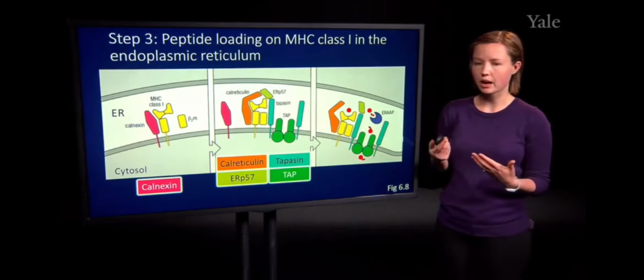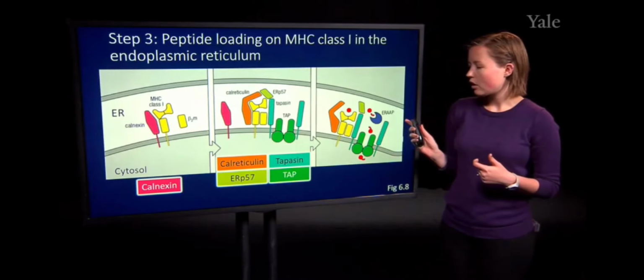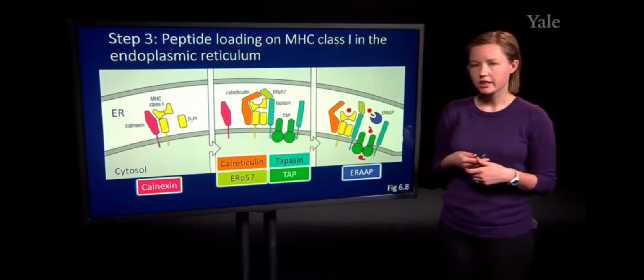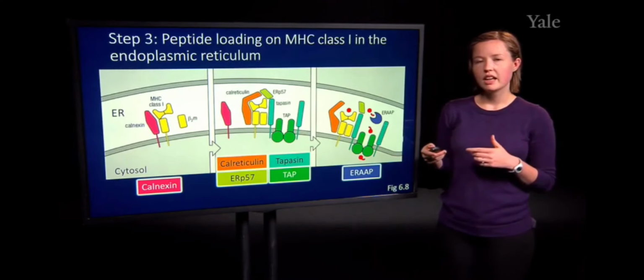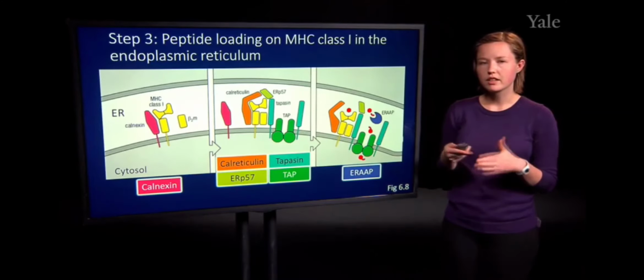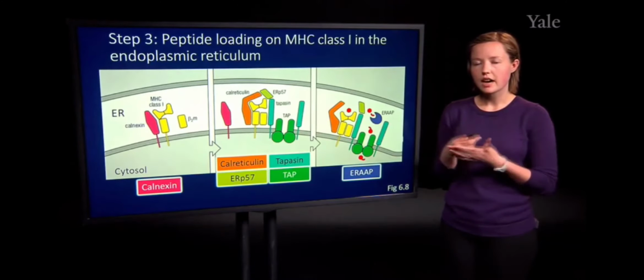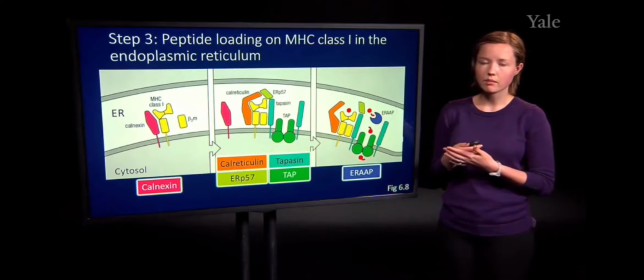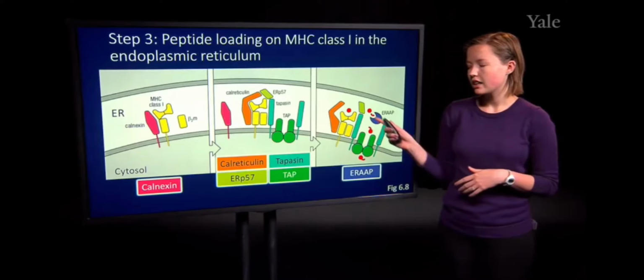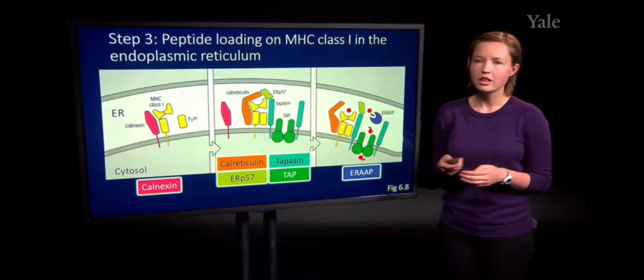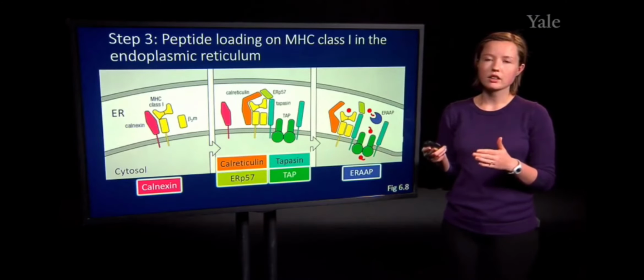You'll also notice this other protein here called ERAP. It's an aminopeptidase, and the role of ERAP is to cleave down these peptides to make them the proper length of 8 to 10 amino acids so that it can interact with MHC class 1, because if they're too long, then they're not able to sit in that binding groove.